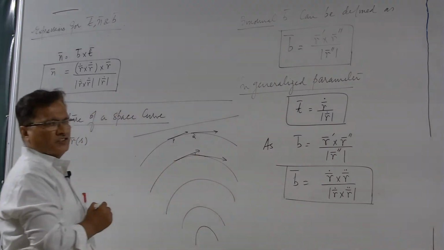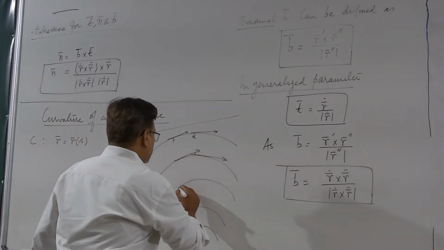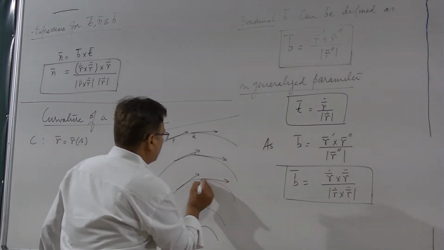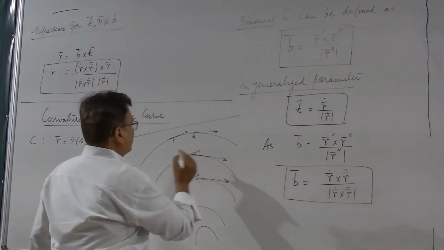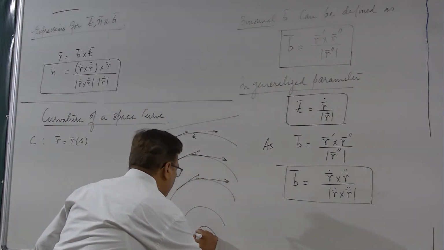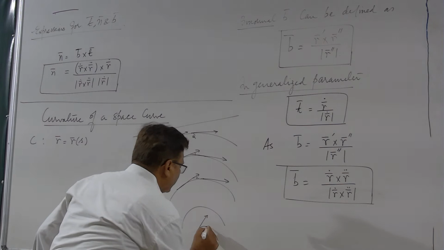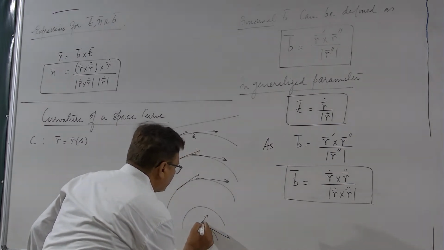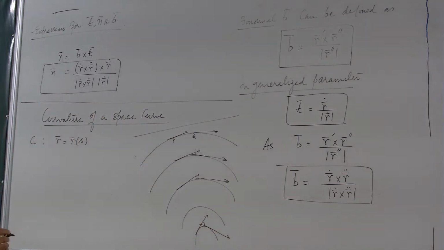Here the deviation is this much, and in this one it will be a little more. This is more than this, and in the last one the deviation in the tangent between the two neighboring points will be the highest. So, in fact, the change in the tangent really measures the bentness of the curve at a given point. This gives me the idea to get hold of the curvedness of a curve.